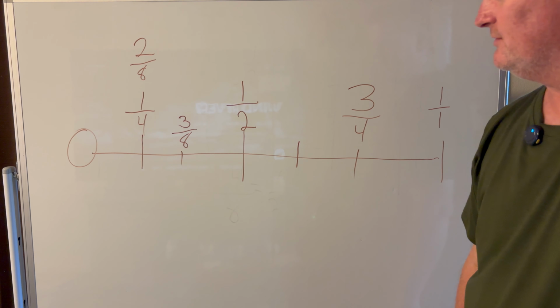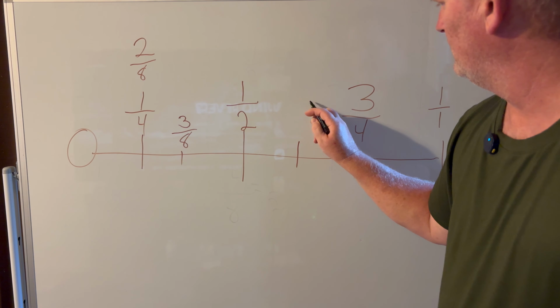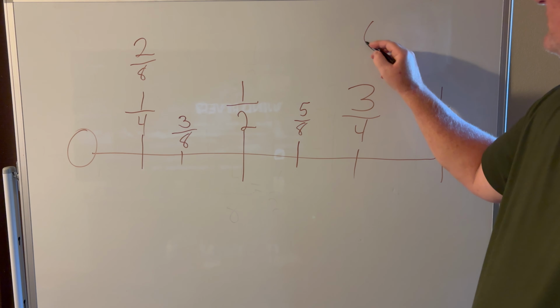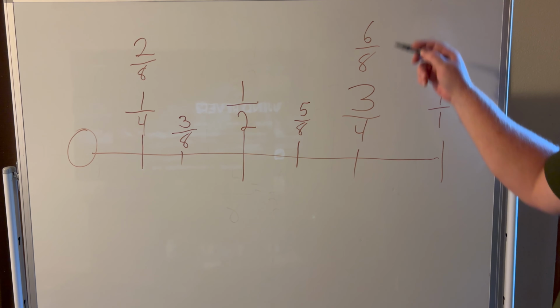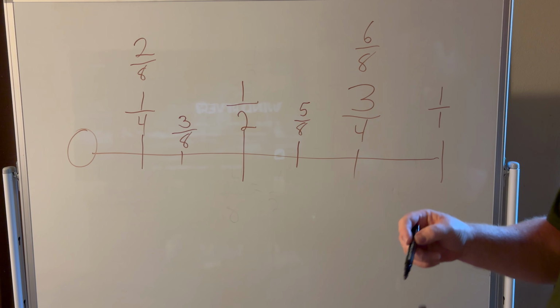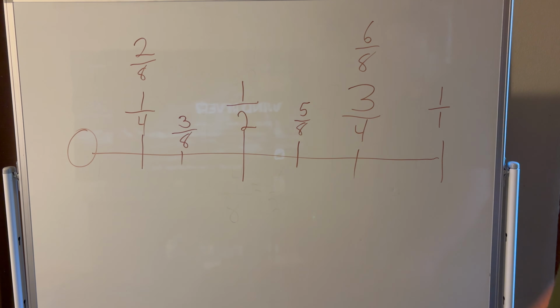Then we have 3/8. We have 4/8, 5/8. We then have 6/8. 6/8 is 3/4. How do we know? 2 goes into 6 3 times. 2 goes into 8 4 times. Right?